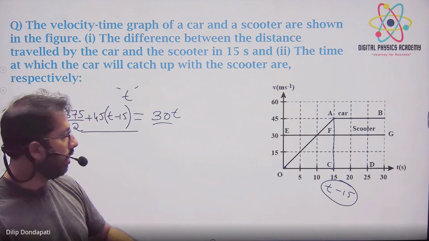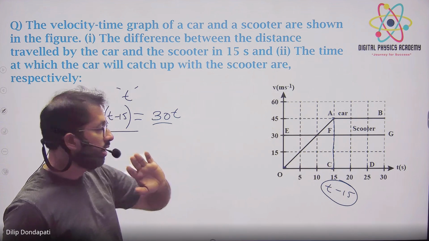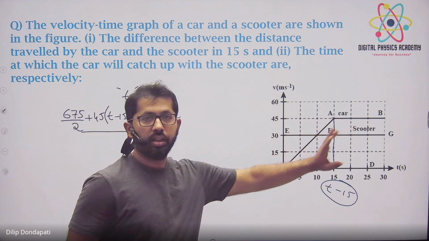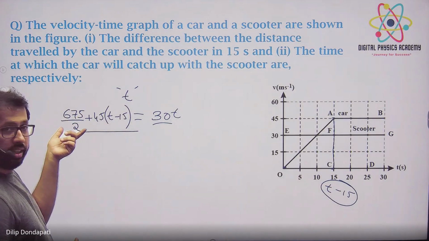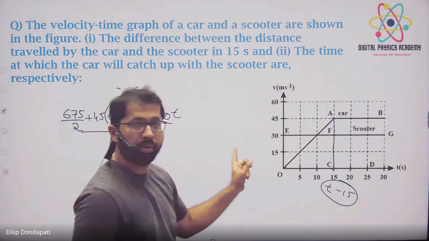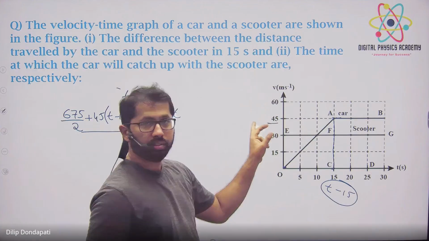Because it's starting initially at 30, right? Initially 30, multiplied with time to get the area, the distance. Now the car's total distance from here to here is 675 by 2. And how much time is left? t minus 15. And the car's velocity is 45.